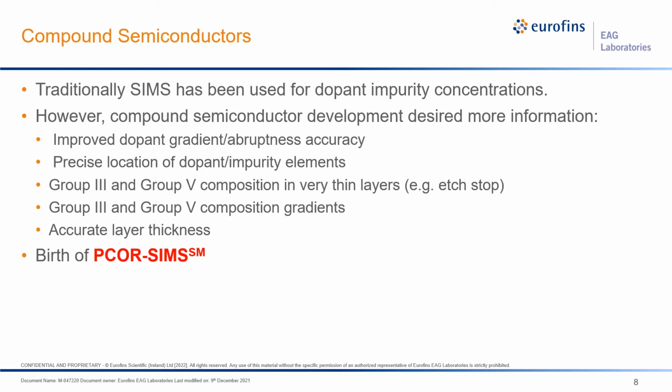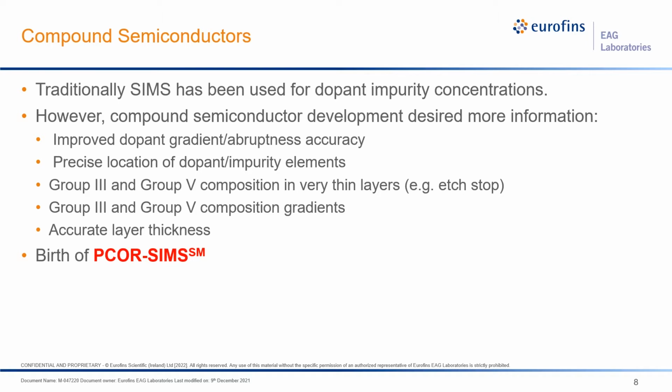But having done the research on it, we came up with methods where you can actually quantify the alloy compositions in compound semiconductors at every data point for group 3 atom fraction or group 5 atom fraction, and especially for very thin layers, for example, at an InGaP etch stop.